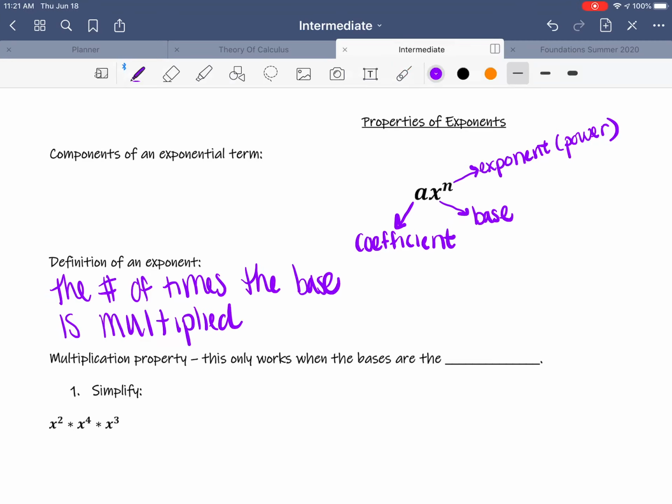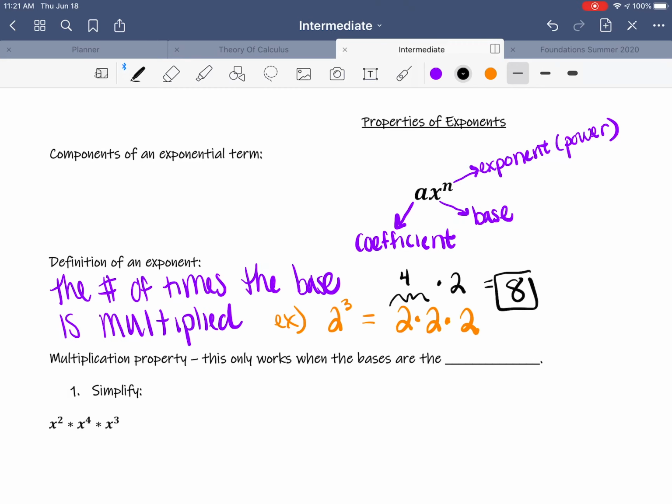So if we had, for example, 2 to the third, this 3 indicates the number of times that 2 is being multiplied. So it's 2 times 2 times 2, which simplifies to 4 times 2, which is 8.